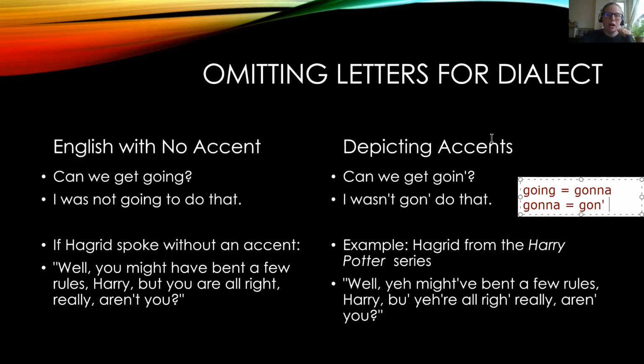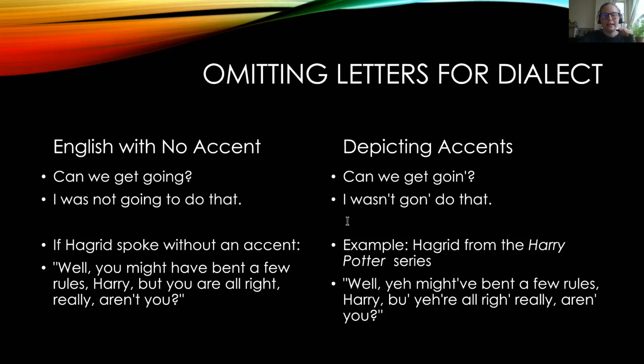If you're a Harry Potter fan, you may recognize this. I'll start with the accent one. So this is Hagrid from the Harry Potter series. And this is a quote from the book. So J.K. Rowling used apostrophes to omit letters so we could understand how Hagrid talked.